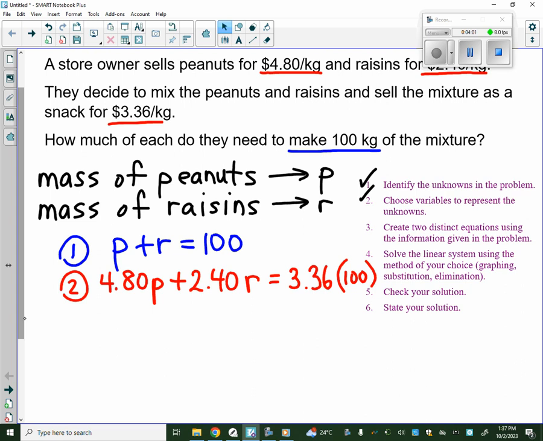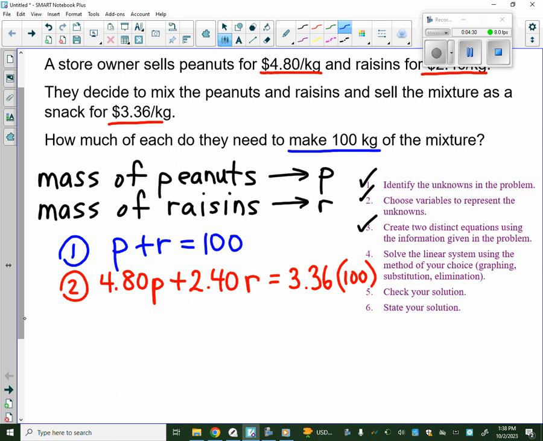So now that we've done step three, we need to get into solving the linear system. Looking at these two equations, it does look like elimination could work very nicely, right? I could multiply the first equation by something to even up the amount of variables. I'm going to multiply the first equation by 2.4. That's going to even up my amount of r's.